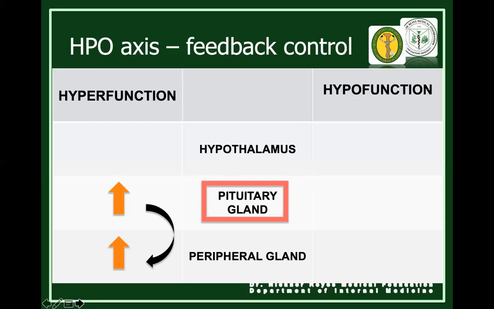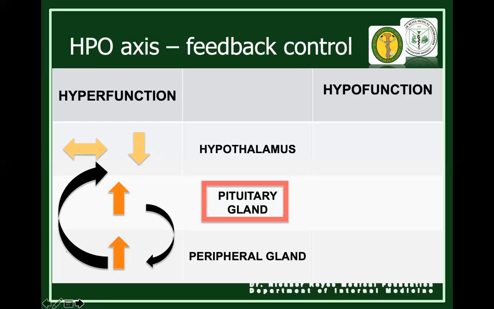Now, because of this feedback mechanism, this will cause the hypothalamus to try to decrease the releasing hormone. Now, since this is elevated, and this is usually autonomous, this will continue on and on. That's why this will remain elevated and this will remain suppressed.